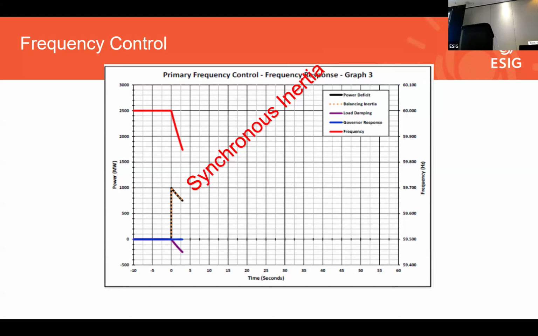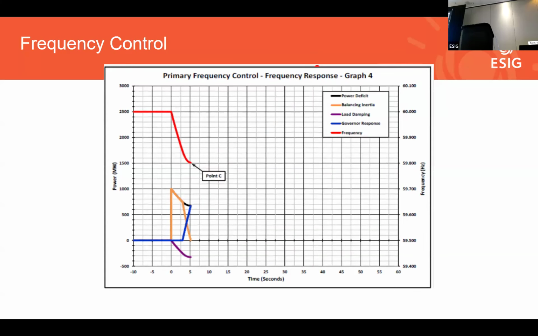And then at some point, we're starting to get a response from the supply resources through their governor control. And one thing that's not shown on here is what we talk about as fast frequency response, or something that might come in through an inverter control that has that activation when it senses that frequency.